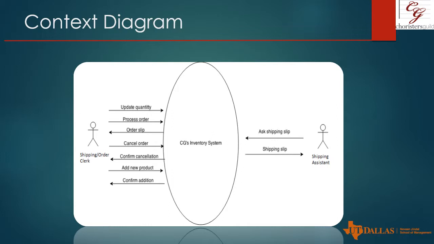Also, after the shipping assistant sends the package, he or she is not able to update the inventory quantity. That leads to a mismatch of the quantity on the shelf and the quantity in the database. And another problem happens when the order clerk adds a new product into the system. He must manually type in everything about the product. I'll show you why it is time-consuming in a later slide.